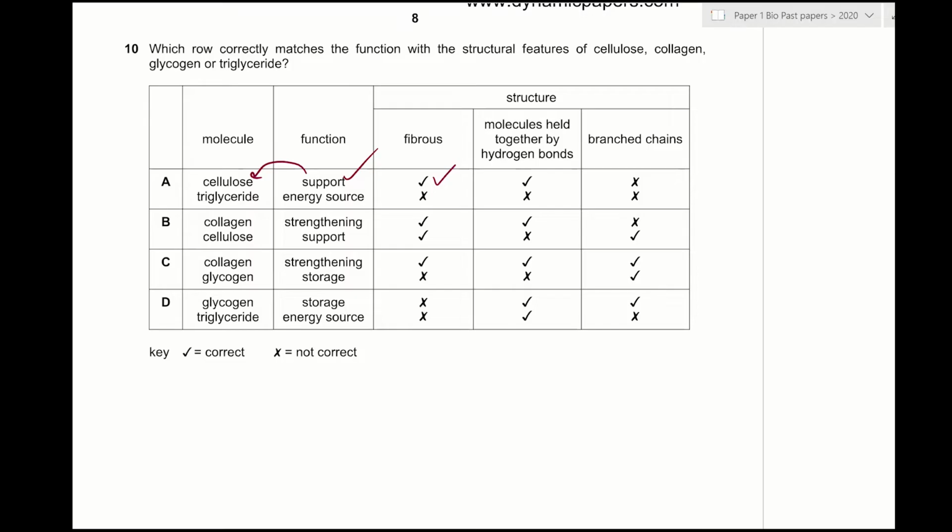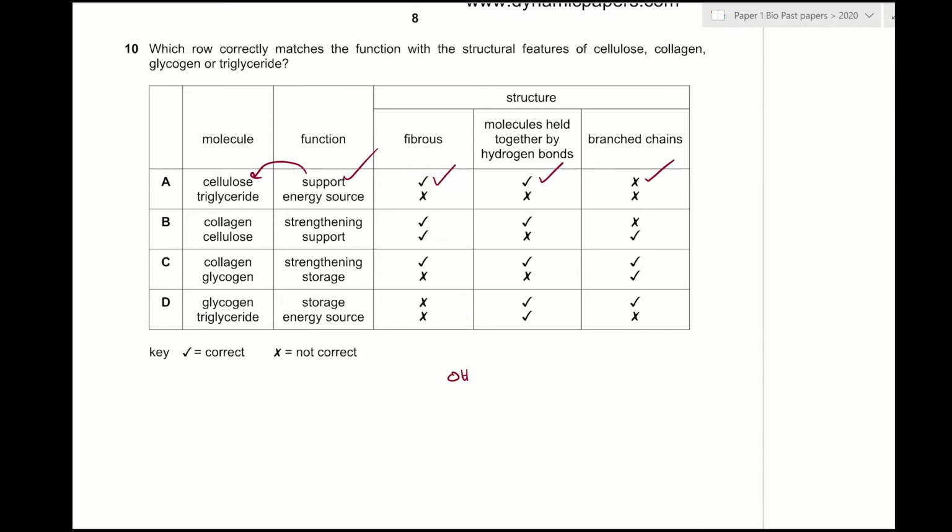Now, molecules held together by hydrogen bonds, this is also correct. The reason for this is because each beta-glucose monomer is rotated 180 degrees to each other, and this helps the formation of hydrogen bonds between the cellulose molecule in the polymer and between different or parallel polymers too. And branched chains, cellulose is not branched, so this is correct.